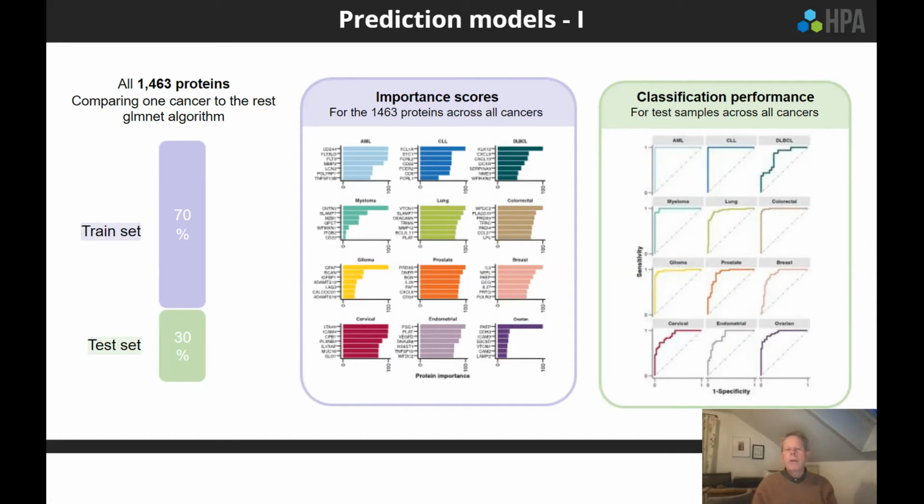It's more than 2 million data points. The way you do that traditionally is that you have a train set and then a test set, and then you try to find which proteins are most important to predict if a patient has a particular cancer. And this is what we've done.